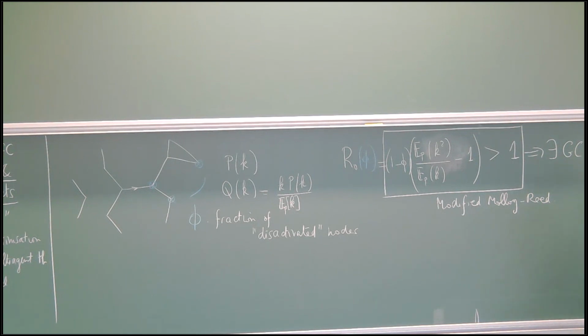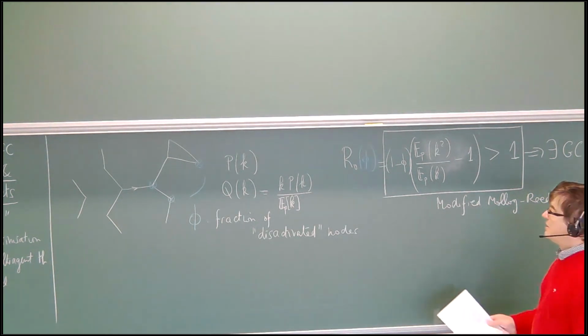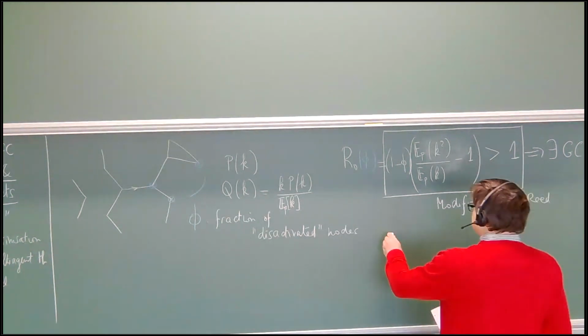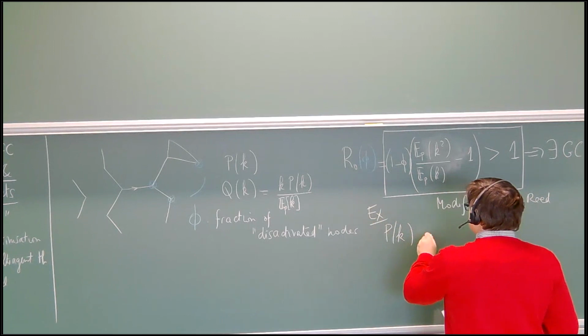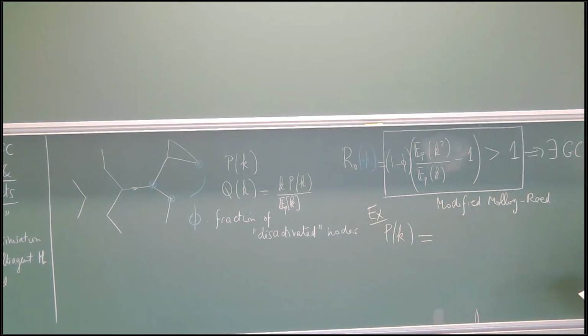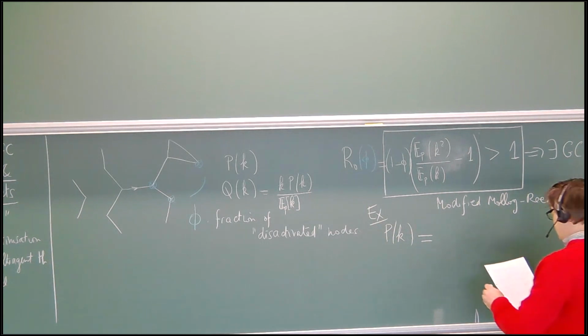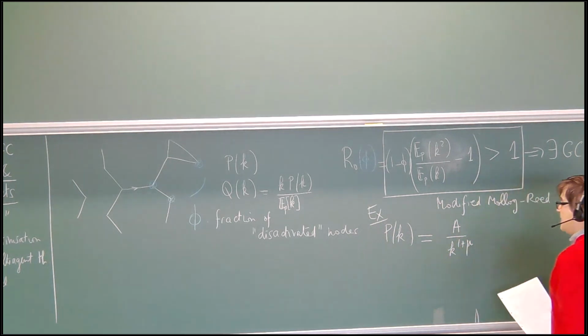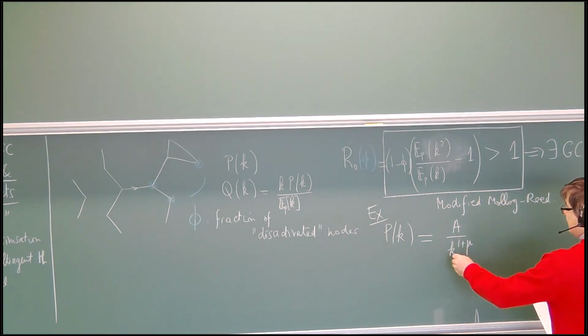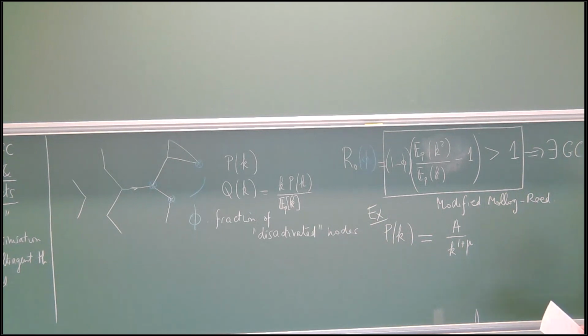Okay, so that's the result. And in order to make it a little more visual, I'm going to take an example. My example is a network which has a degree distribution which is an exact power law. So I'm assuming that I'm constructing a network such that P of k is equal to A divided by k to the 1 plus mu, not only for large k, but actually for all integer k.